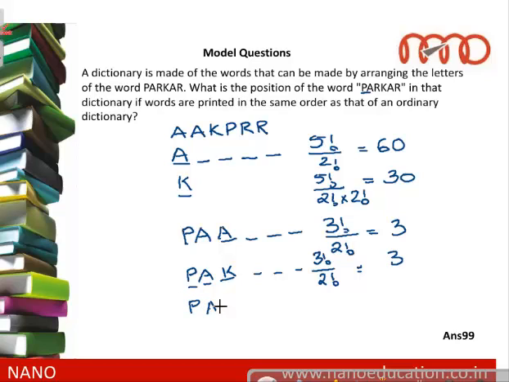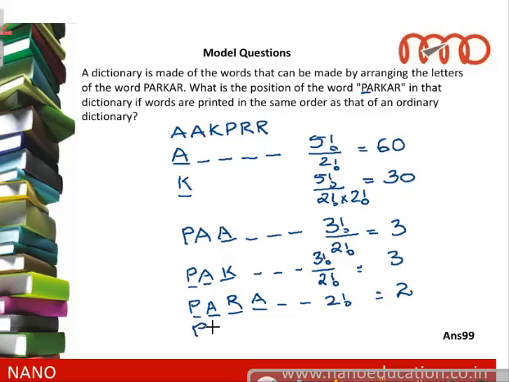Then comes PAR, that is what we want, and the next preferred letter would be A. So how many words will be starting with PARA? Remaining 2 places can be permuted by R and K in 2 factorial ways. 2 words.